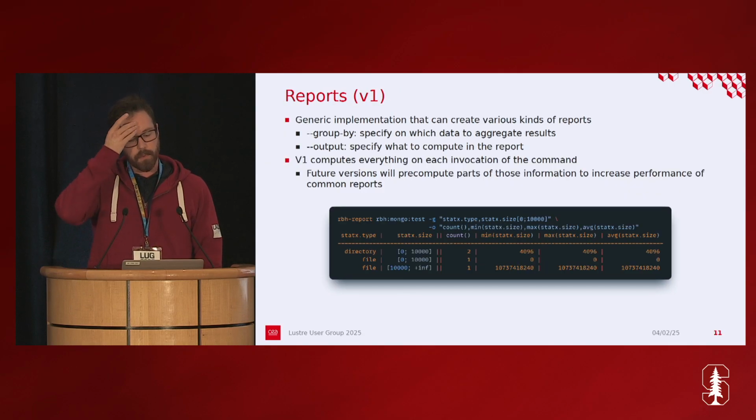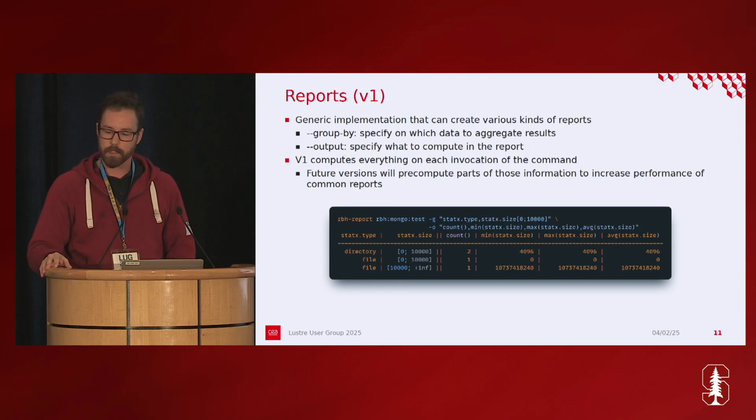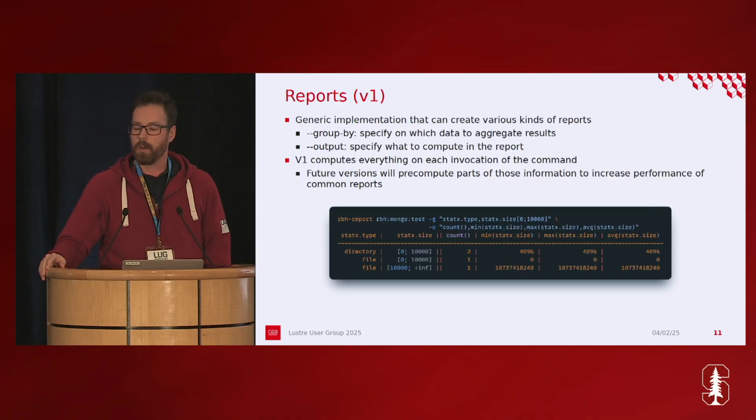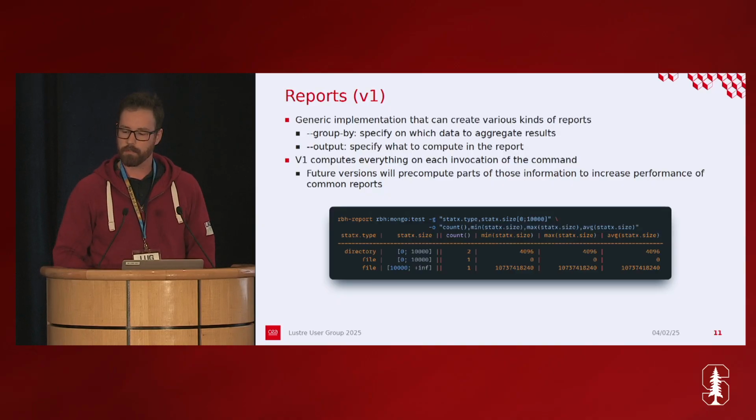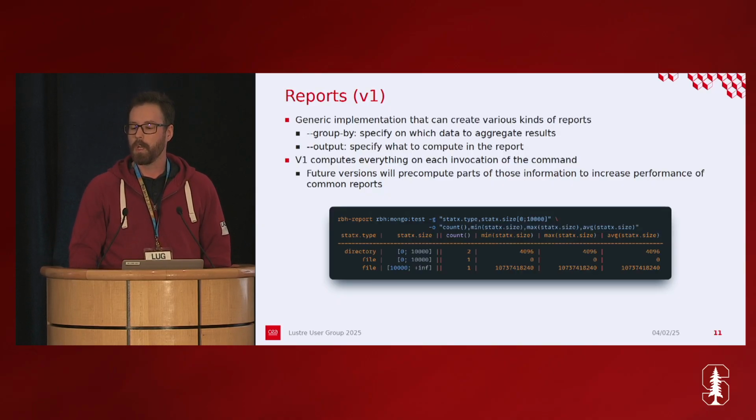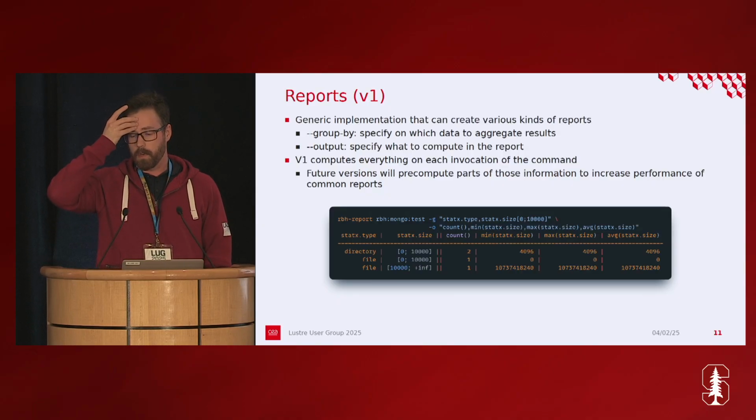One of the latest additions to Robinhood 4 is the rbh-report command. This is a command that already exists in Robinhood 3. The version 4 implementation is a little bit more generic, so you can essentially create any custom report you want. In this example, you can specify on which fields you want to group your entries in your reports.